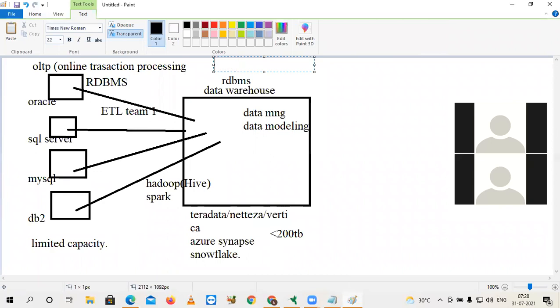In Sqoop we can't do transformation, right? We can only extract and load, but is transformation possible in Sqoop? No, in Sqoop also transformation is possible. Sqoop can extract, even perform transformation, and finally load into the target warehouse.